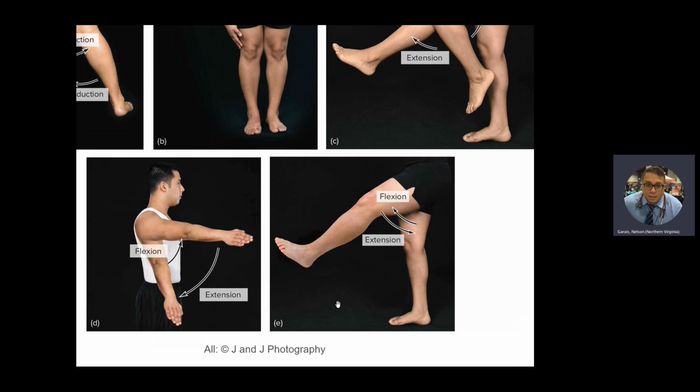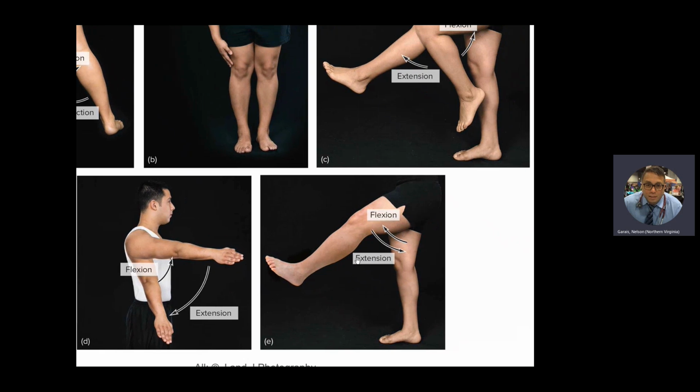Flexion, extension. Now, when you do flexion and extension, your arms and legs move a little bit differently, and it makes sense. There has to be balance. Imagine if your arms and legs moved the exact same way. How backwards would that be? Your arms flex anteriorly, but your leg also flexes, but it flexes posteriorly.